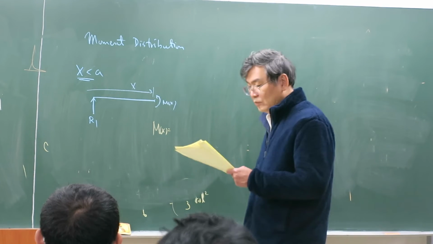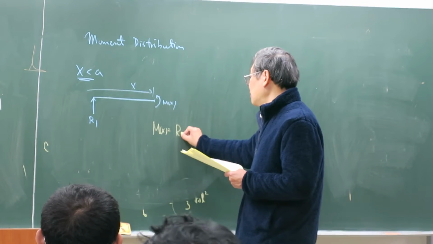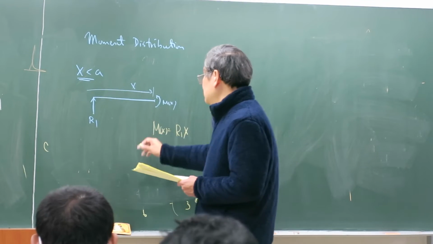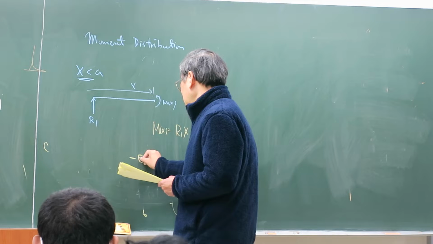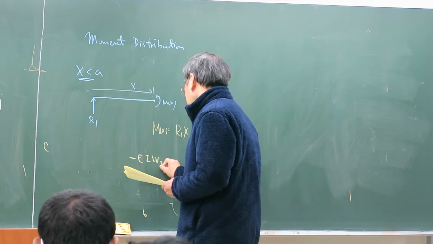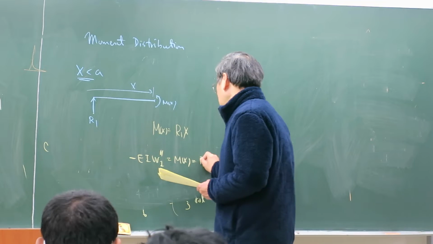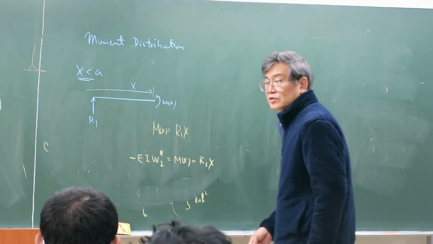R1x, right? Moment equals R1x. So I can use minus EI W1 double prime equal to moment, R1x, to solve this.